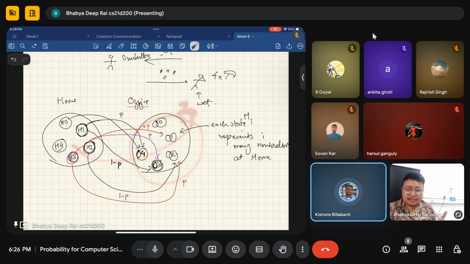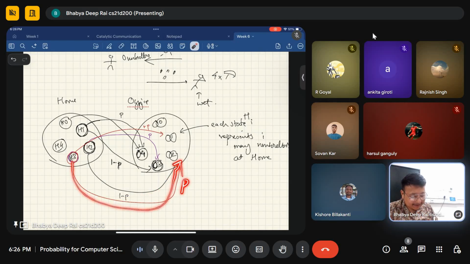Is it now pointing from H3, with probability P, to O1 or O2? O2. Because with P probability it rains, and from H3 I've taken an umbrella to an office which already had one umbrella. So I've brought one more umbrella, so there will be O2 because there are 2 umbrellas in the office.